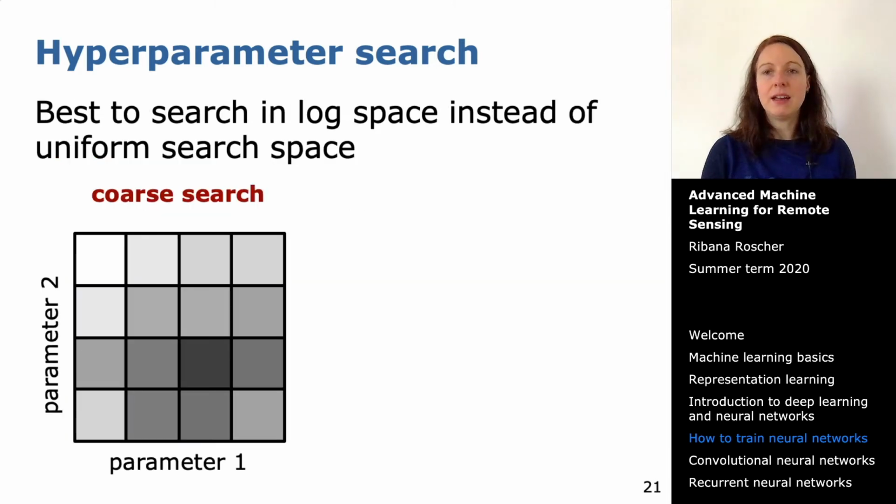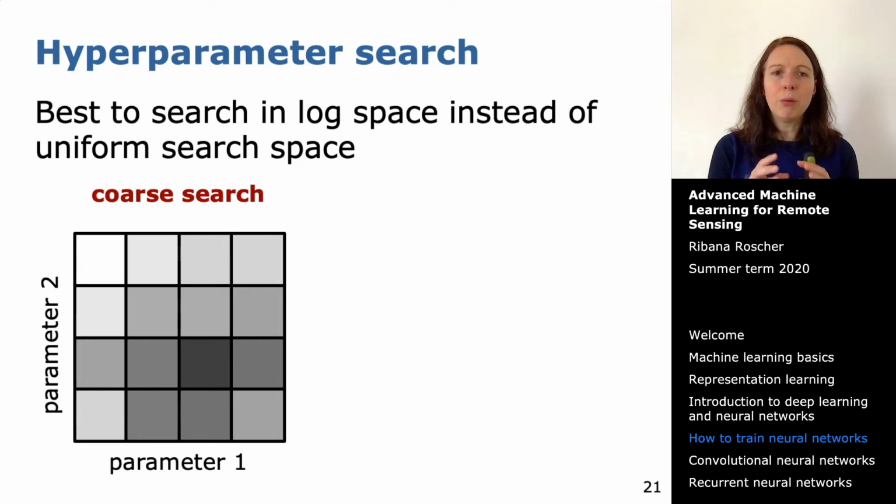Okay, so here I made an illustration for when you, for example, search for two hyperparameters. One hyperparameter could be the learning rate, and the other could be the number of layers you use in the architecture. It's a good idea to search in log space instead of a uniform search space. For example, when you think about the learning rate, the gradient updates are done by multiplying.